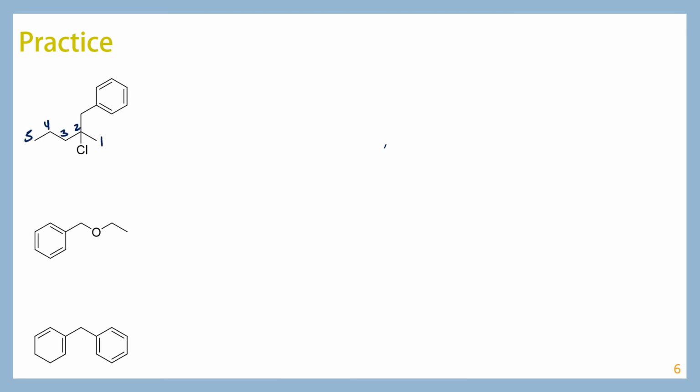I could number that way, 1, 2, 3, 4, 5, or this could be carbon number 1. Now you may remember from chapter 4, I think, when you first learned about naming compounds, you learned that one of the rules is you want to have the largest number of substituents. If you have 2 different numbering routes to choose from, you want to give yourself the most substituents.